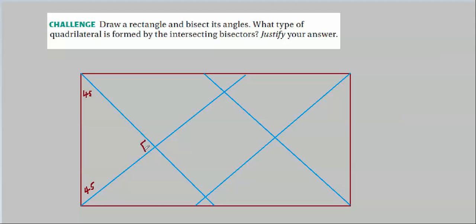Well, that's interesting. Well, that tells us that this is a right angle. Remember, these are a pair of vertical angles, so they're congruent. If this is a right angle, this must be a right angle.